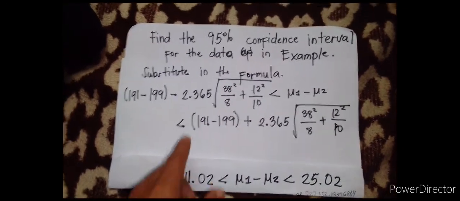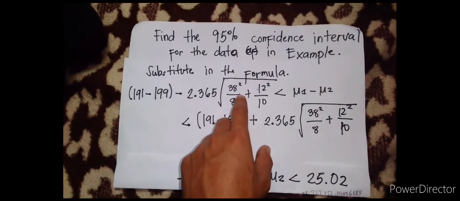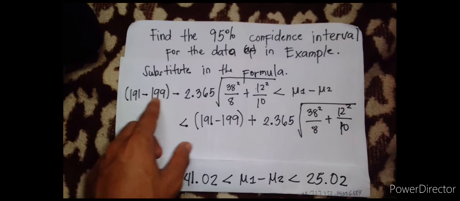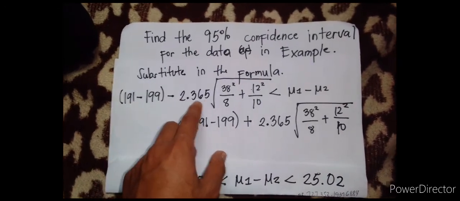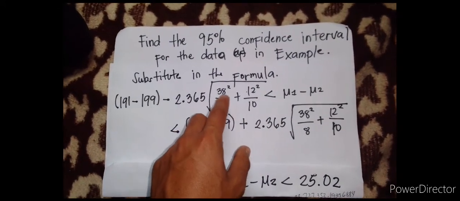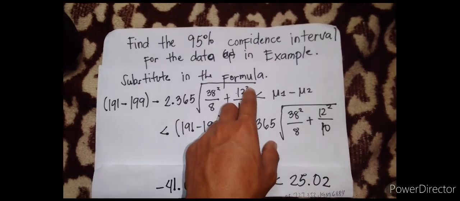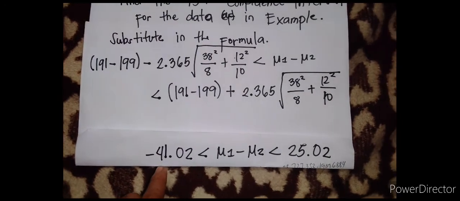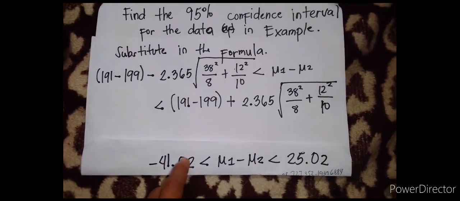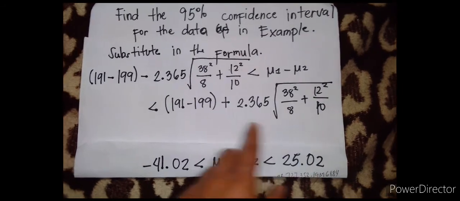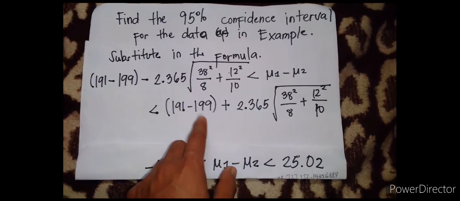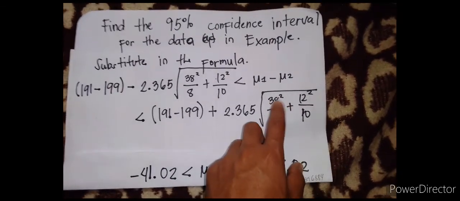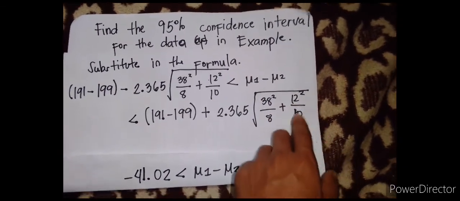So we need to compute this directly. 191 minus 199 is negative 8. Negative 8 minus 2.365 times the square root of 38 squared divided by 8 plus 12 squared divided by 10 equals negative 41.02. Then compute also negative 8 plus 2.365 times the square root of 38 squared divided by 8 plus 12 squared divided by 10.